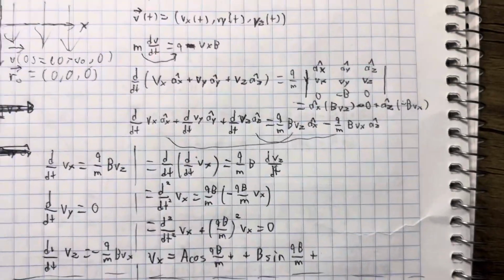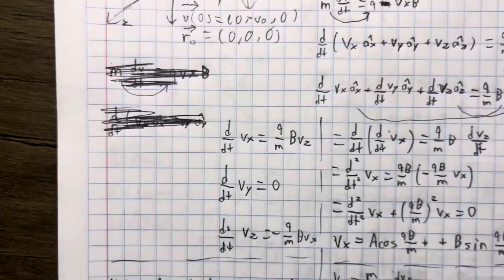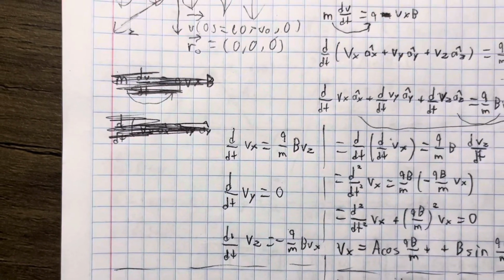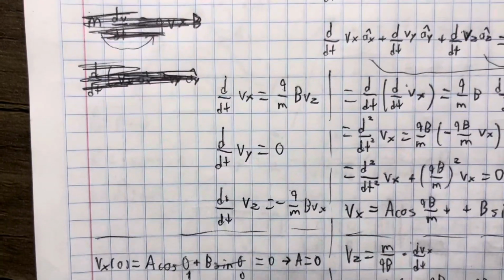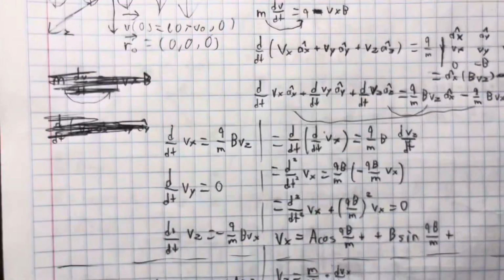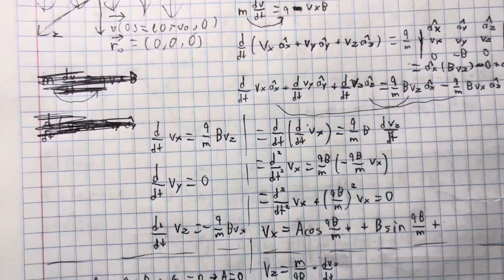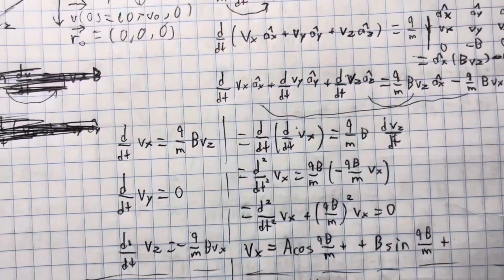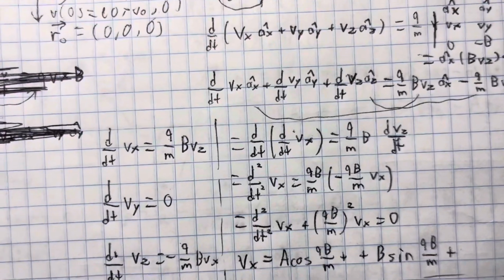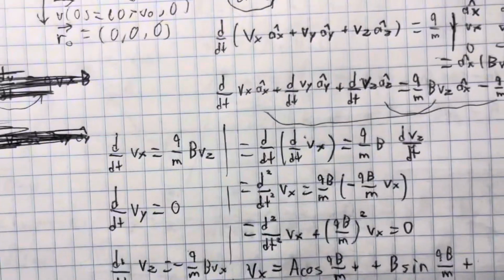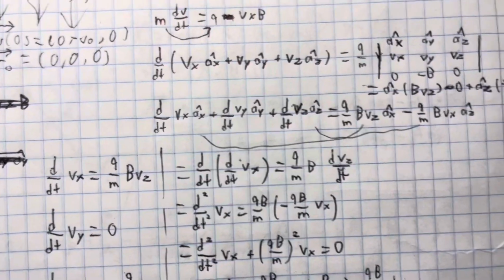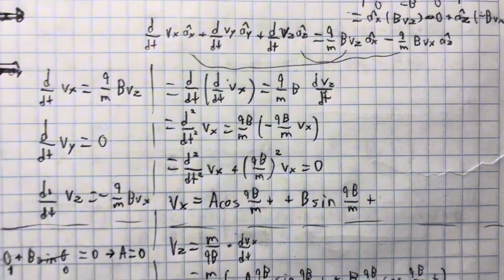And we have to basically match them up, which is what I did here. This is for the x-axis, the y-axis, and the z-axis, and we use these matches to set up a system of differential equations.